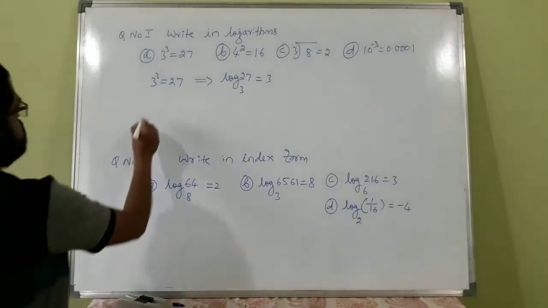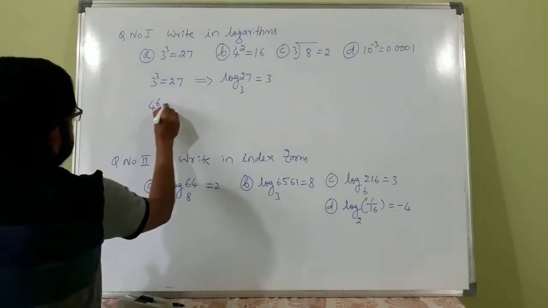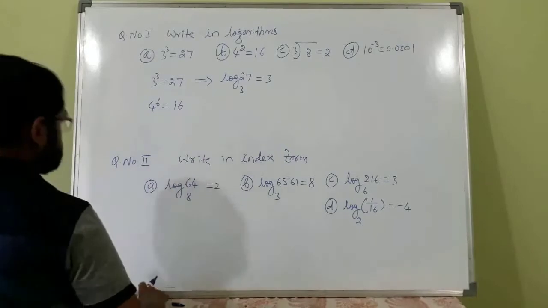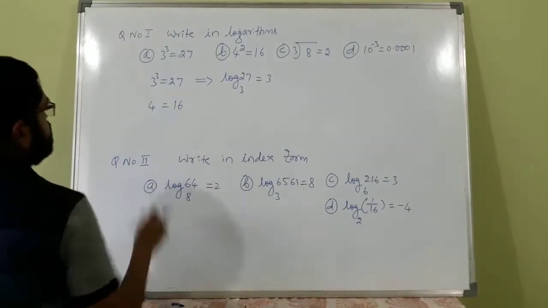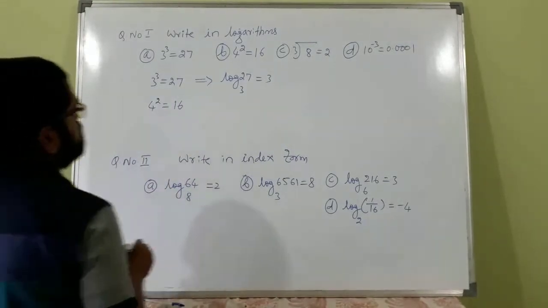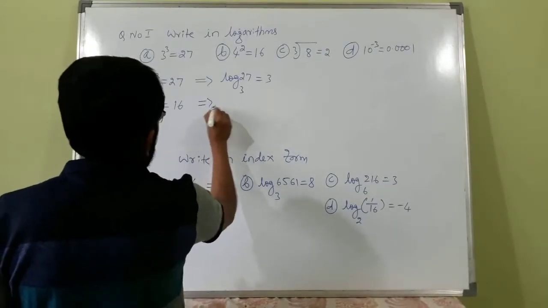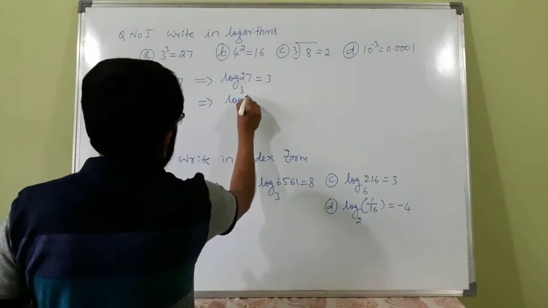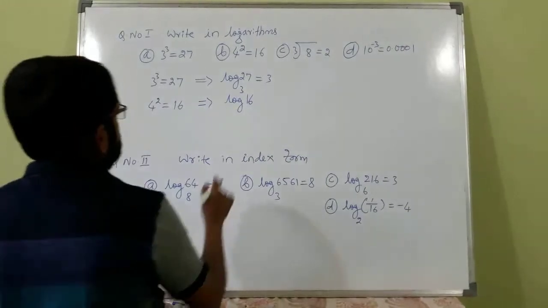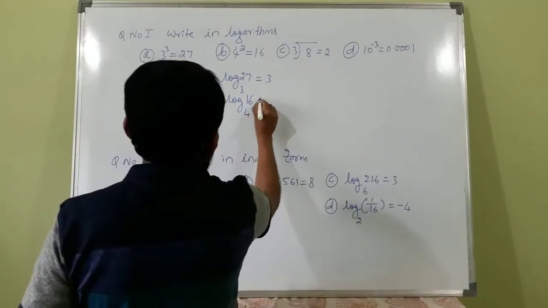Next, 4 square is equal to 16 means log of 16 to the base 4 is equal to 2.